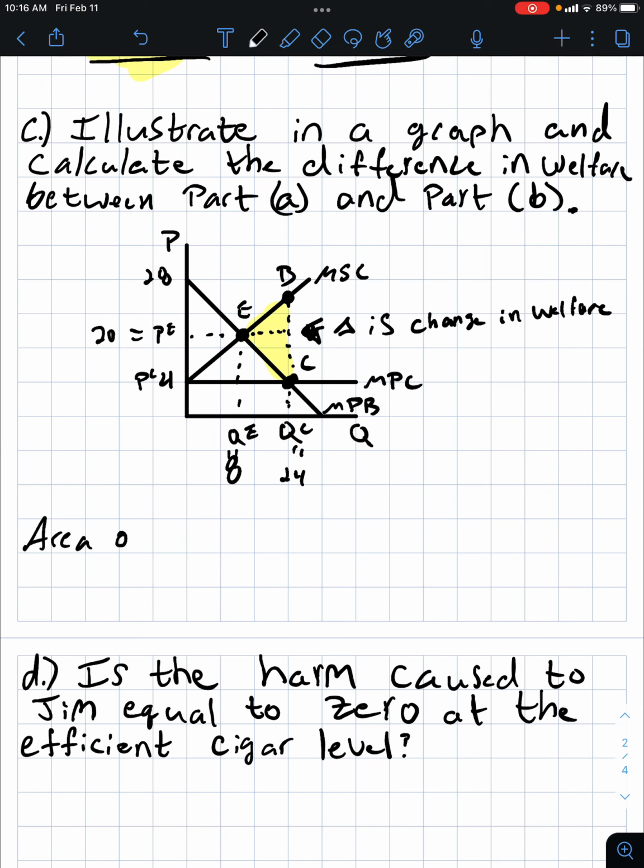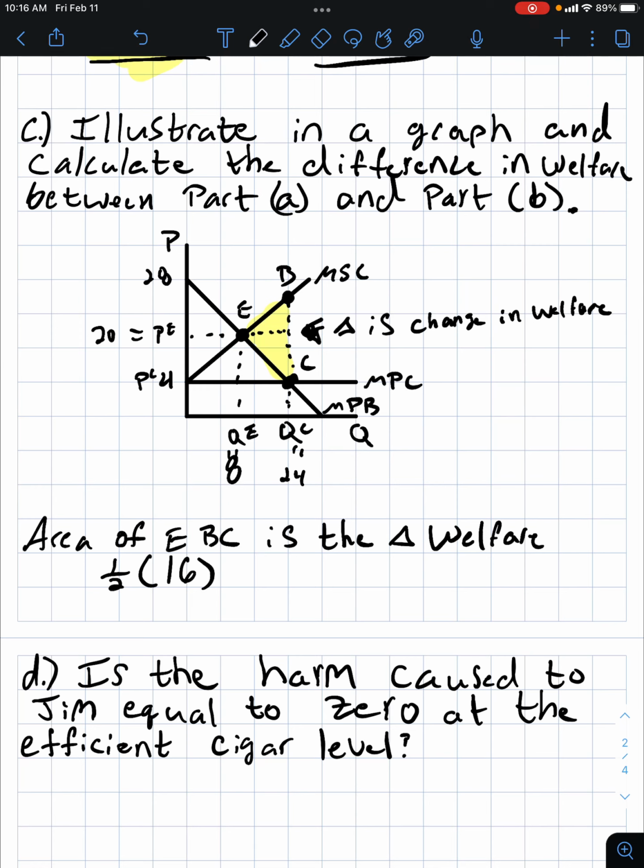The area of EBC is the change in welfare, and this is 1/2 base times height. Let's do the height first. 24 minus 8 is 16.